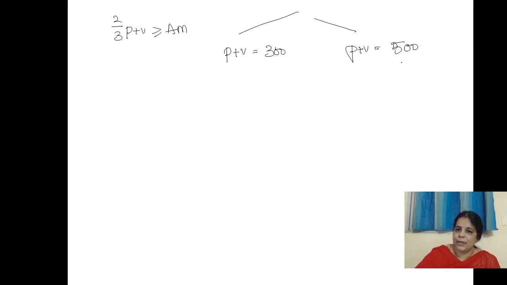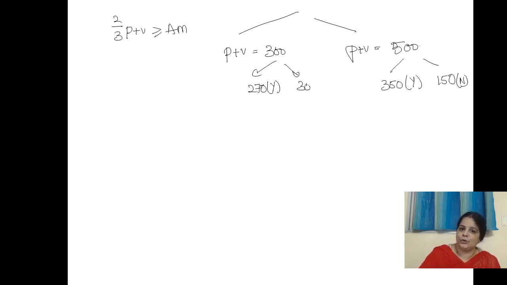Now imagine in this 500, 350 people have said yes and 150 people have said no. In this 300, 270 people have said yes and 30 people have said no.